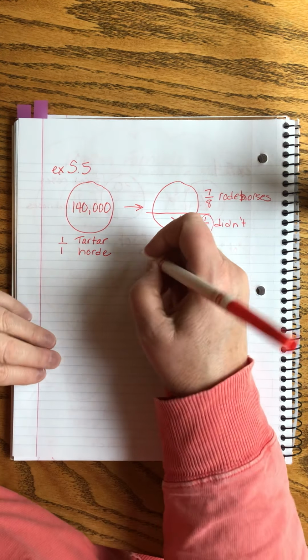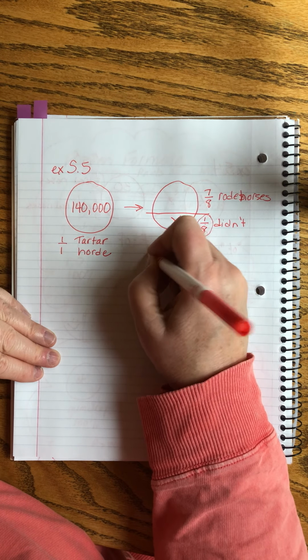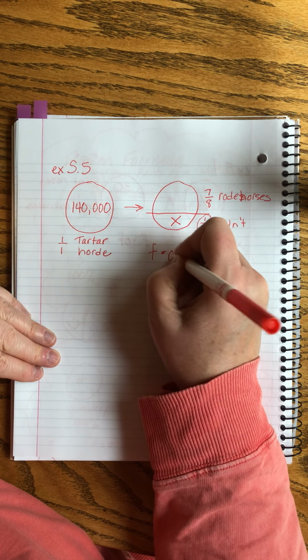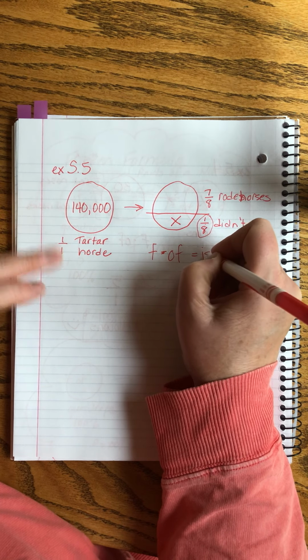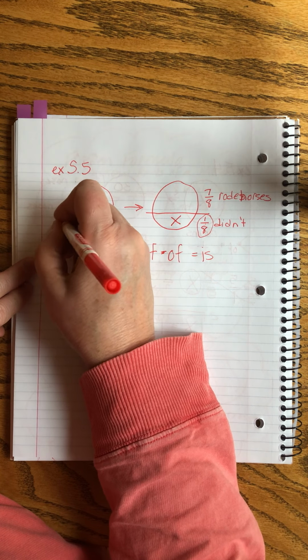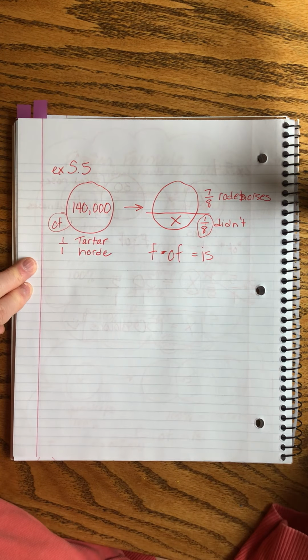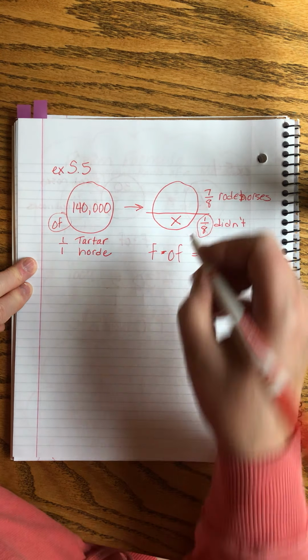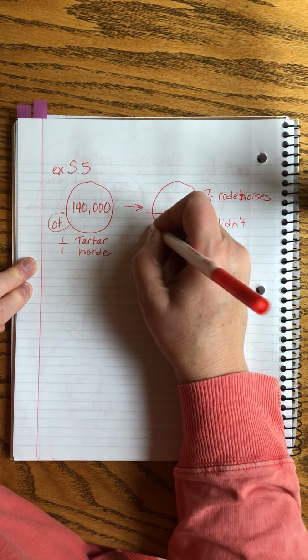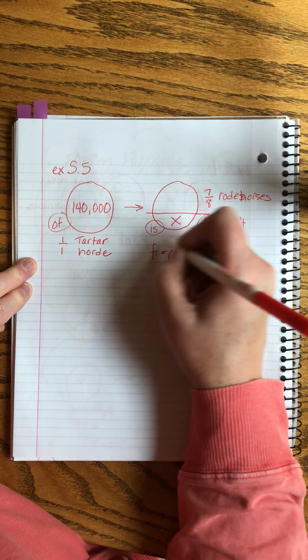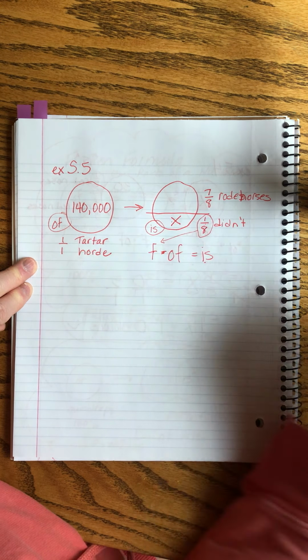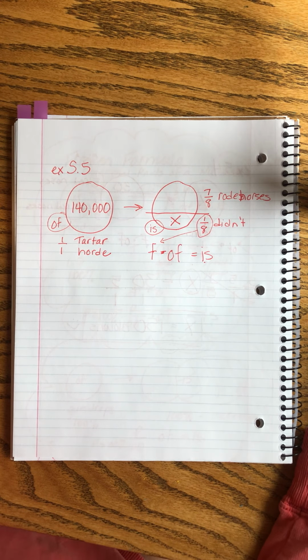All right, so now we're still in fraction land. Fraction times of equals is. Of is the original number. Is is our special group, that's this. And the fraction is the fraction that relates to our special group.